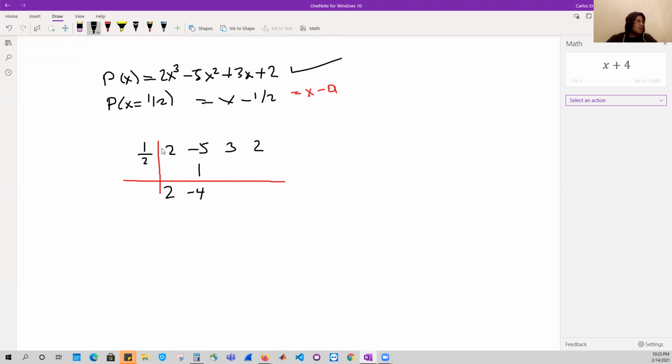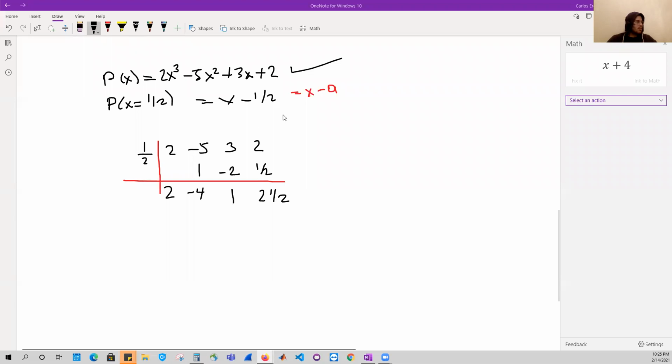So 1/2 multiplied by -4 is equal to -2, and then 3 minus 2 is equal to 1. 1/2 multiplied by 1 is equal to 1/2, and 2 plus 1/2 is equal to 5/2.